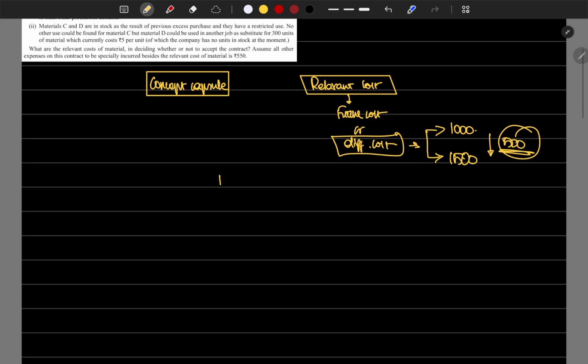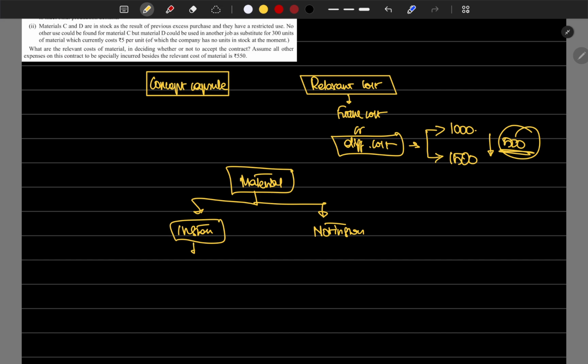And when it comes to relevant costing in case of material, either of two scenarios will happen. Either we have material, or we don't have material. If it is not in stock, then the relevant cost will be replacement cost.